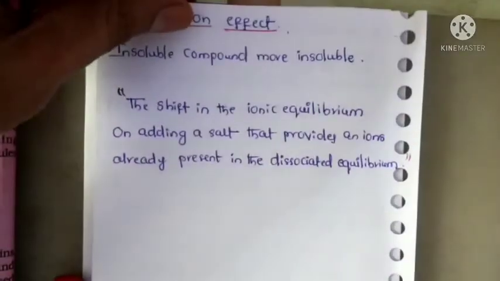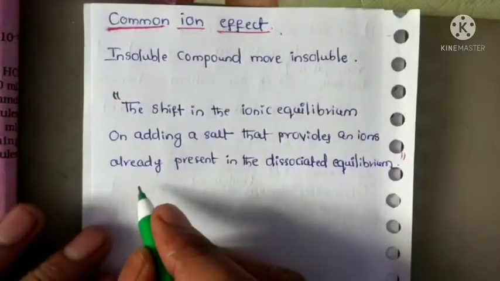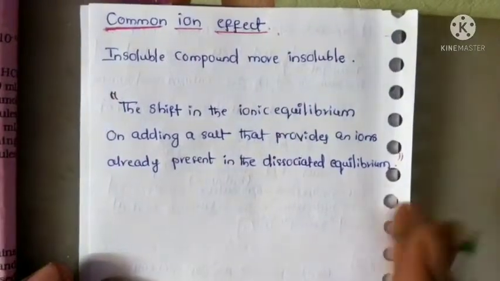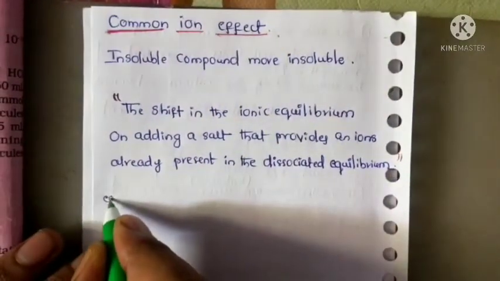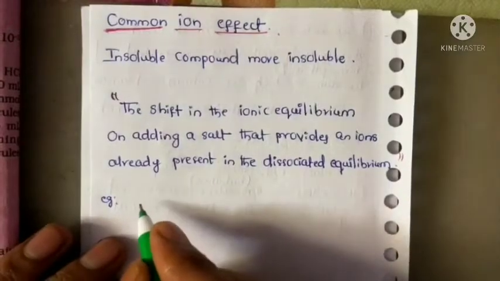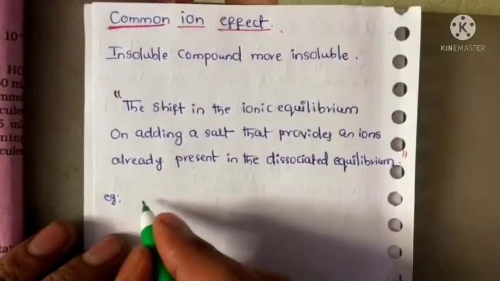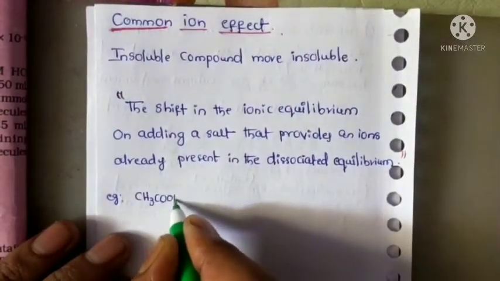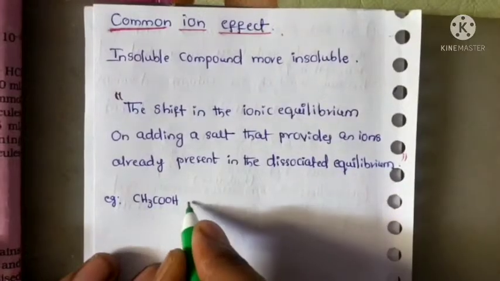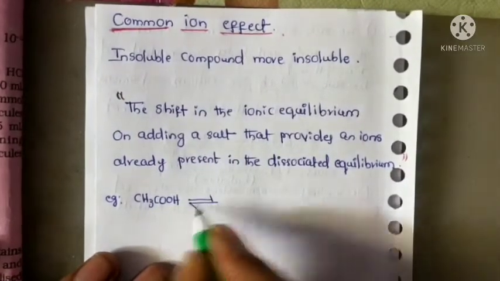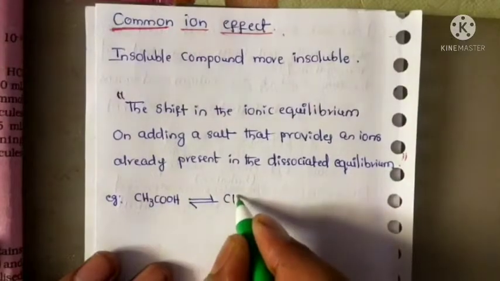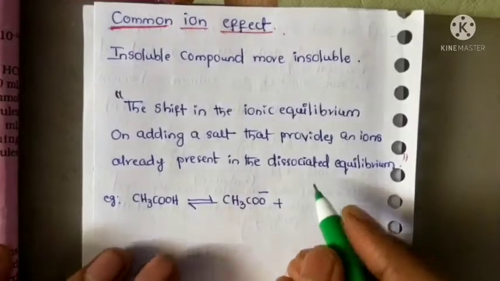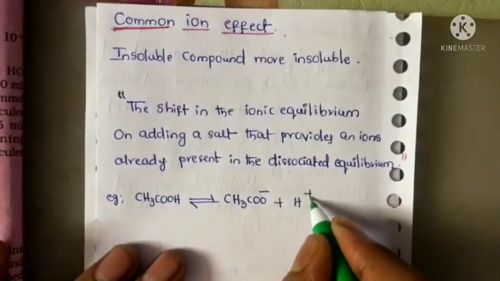Let us consider a reaction that is a weak dissociation equilibrium. As an example, we take a weak acid dissociating. The best example for a weak acid is acetic acid, CH3COOH. It undergoes partial dissociation. Acetate ions and H plus ions are formed.